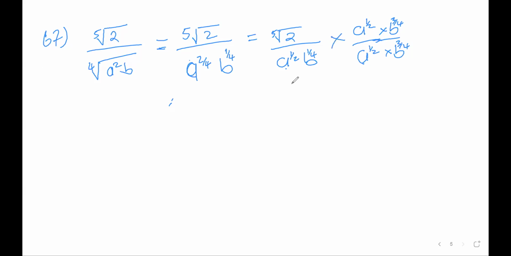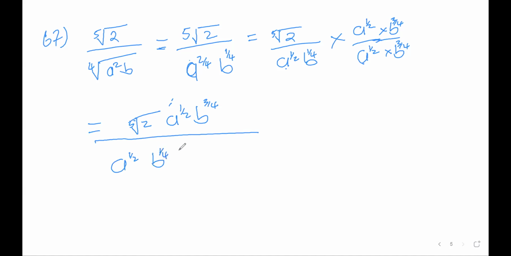So if I apply my law 1 to same bases, this whole fraction becomes the 5th root of 2, a to the half, b to the 3/4 divided by a to the half, b to the 1/4 times a to the half, b to the 3/4. This expression times this expression.